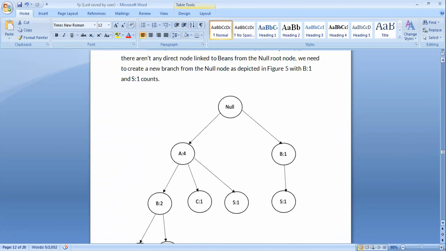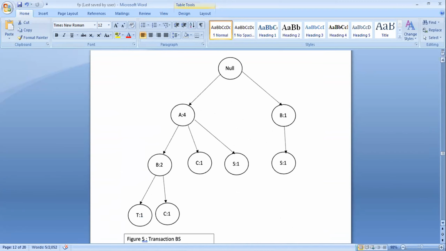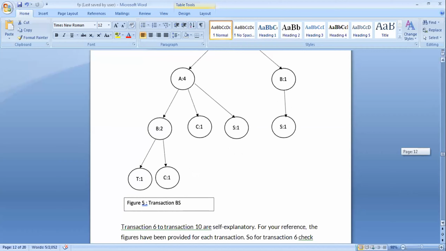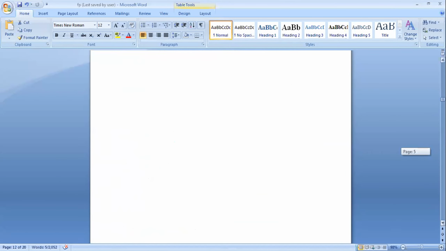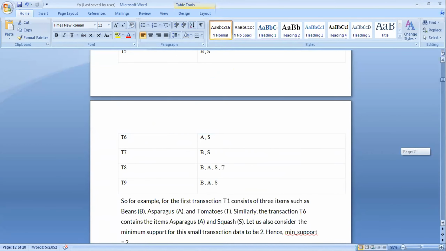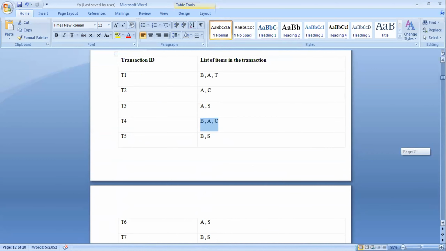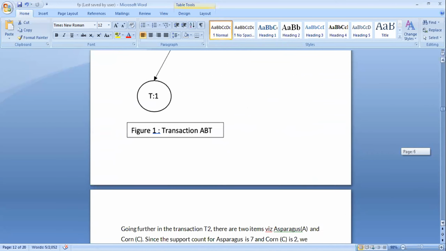See here, after construction, the next one is BS. BS we have to represent it here. This is the BS in transaction 5.